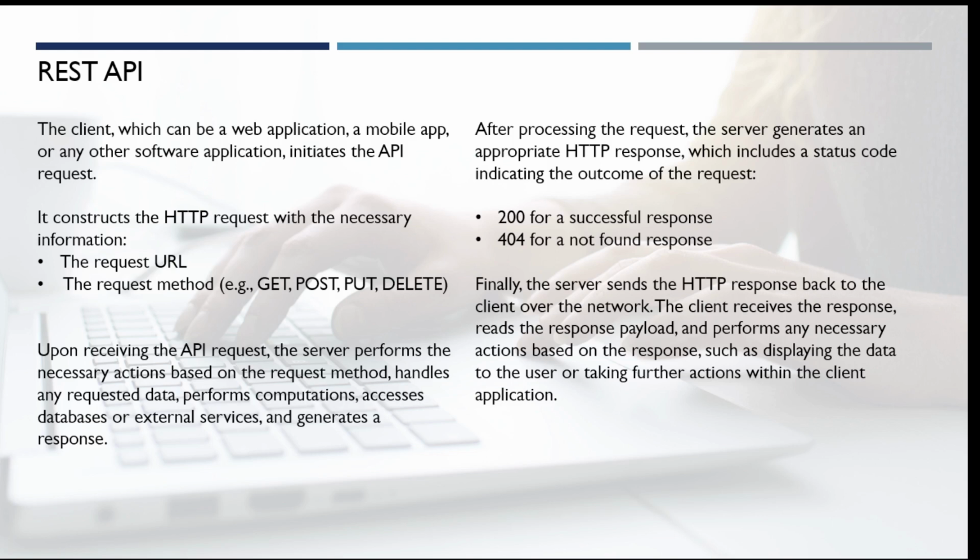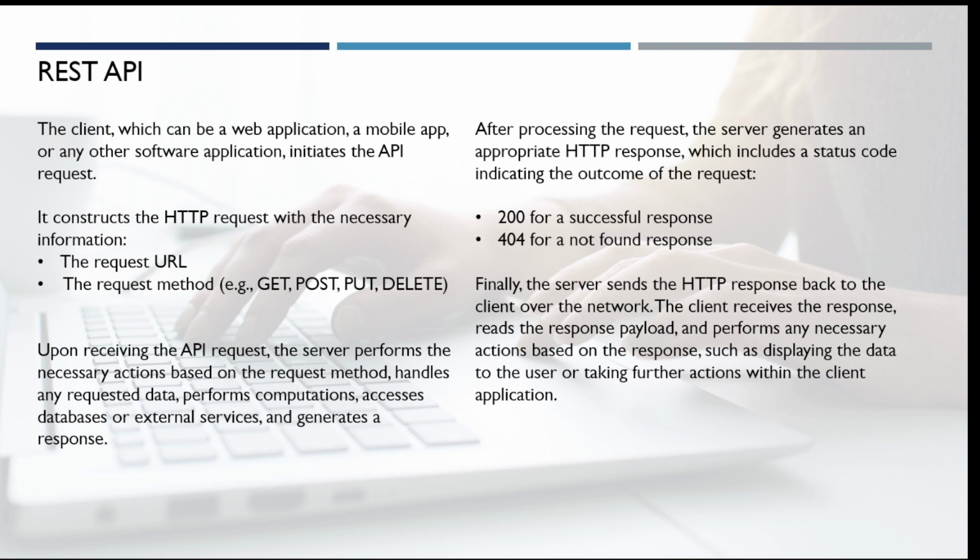So, for example, if you are using a website where, after you click a button, it will get a picture or an image, what is happening is that the API is going to send a request to the server with, for example, the method post.